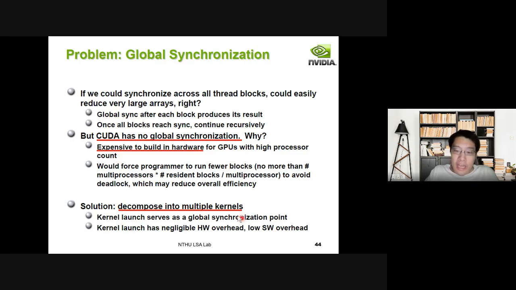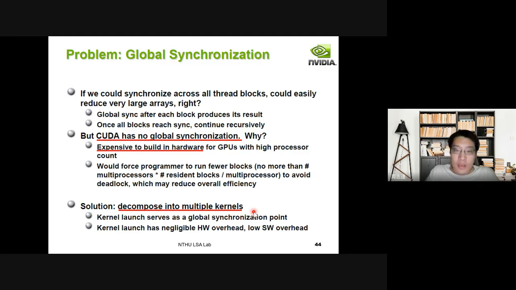The idea is that it's simply impossible to do that within a kernel, so we have to create multiple kernels, because across kernels there is synchronization by default if they are executed on the same GPU stream, or submitted from the same CPU thread. Those kernels are forced to execute on the GPU in a serialized manner, so of course they are executed one by one. So there's a synchronization point between kernels.